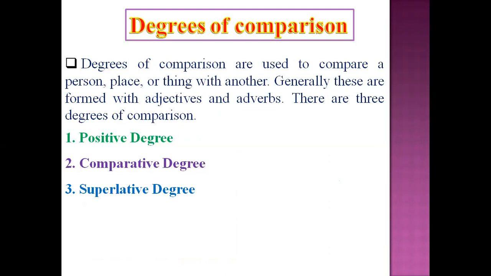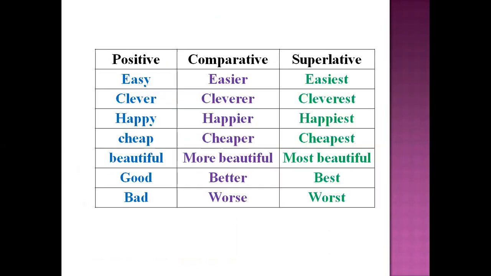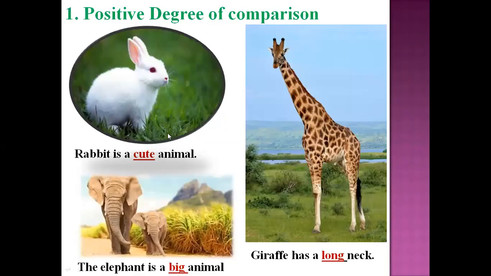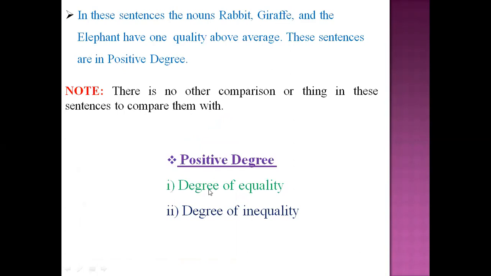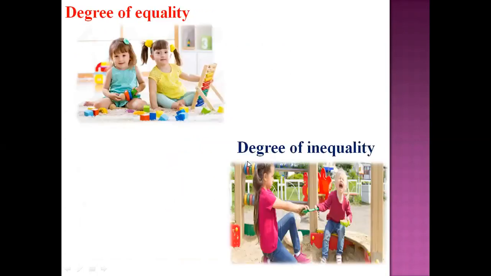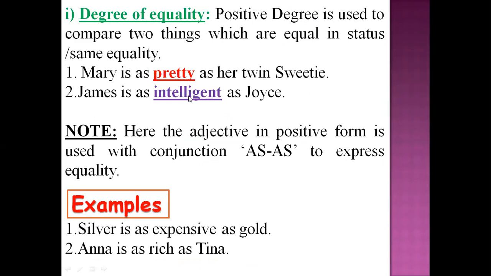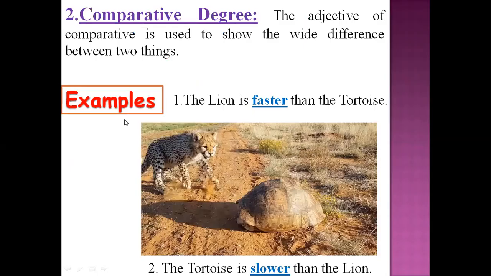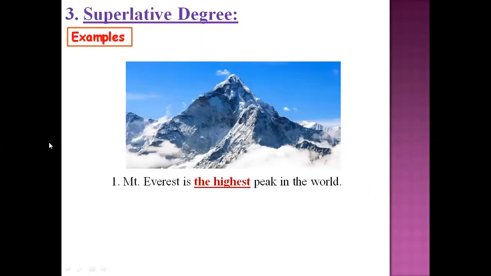We use degrees of comparison when we want to compare any person with others. We compare two persons in equality and inequality in positive degree. In comparative degree, we are comparing two persons with wide differences between two things. Generally, we observe many differences in two persons or two animals.